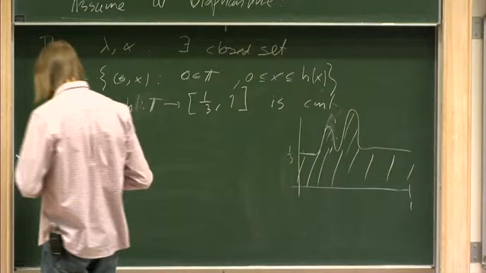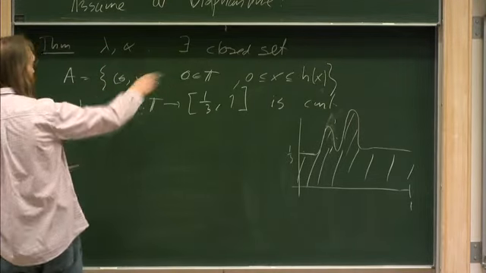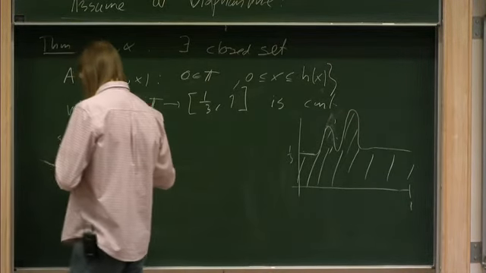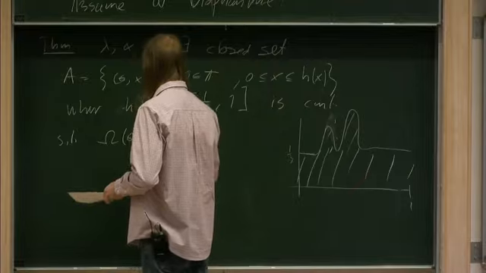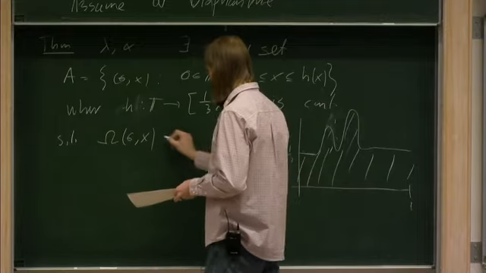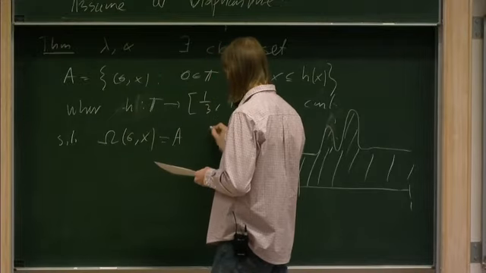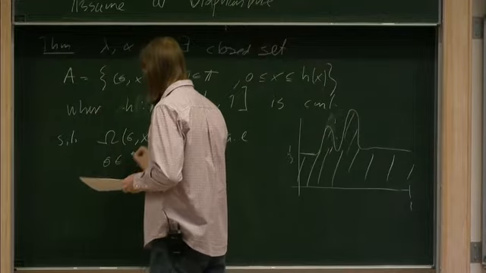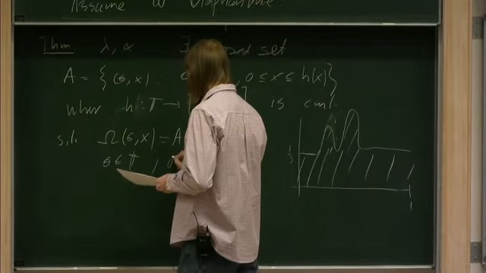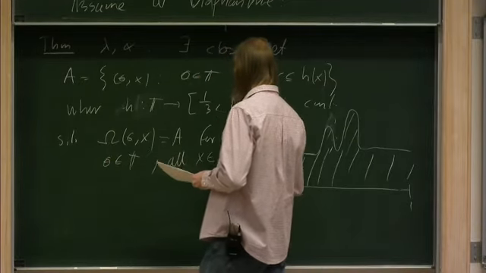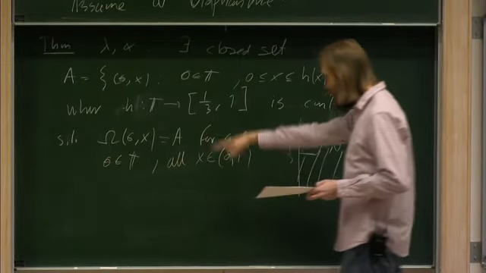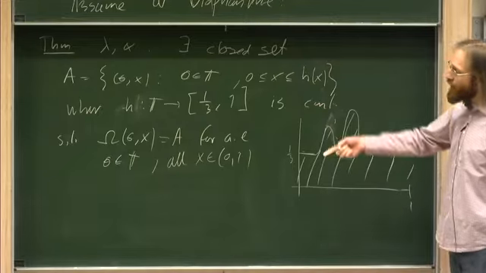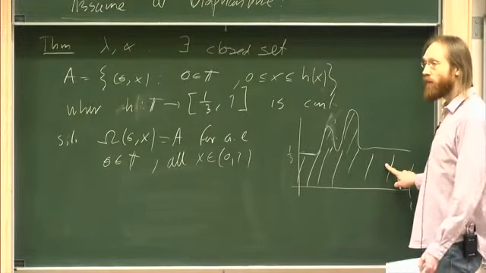And in fact, such that the omega limit set of almost any point is this, for almost any theta in the circle and all x in [0, 1]. So the omega limit set of almost any point goes into this.